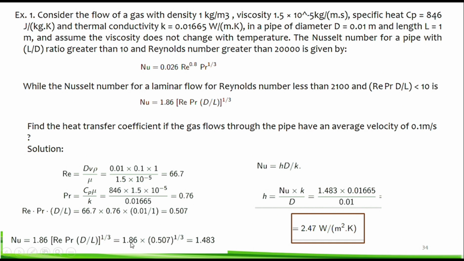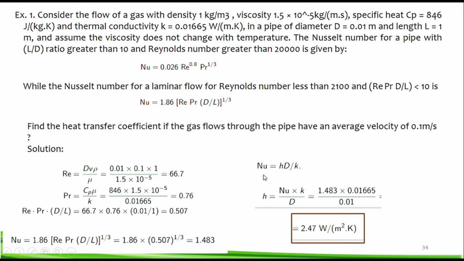By plugging in what we solved, the Nusselt number is 1.86 multiplied by 0.507 raised to 1/3, which is equal to 1.483 as our Nusselt number for laminar flow.